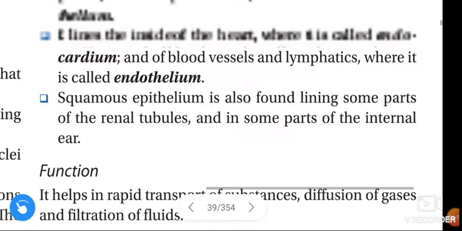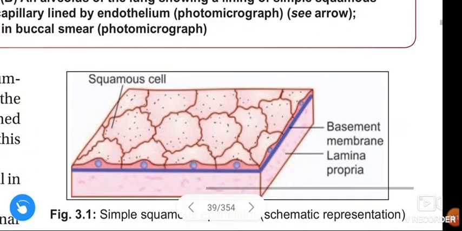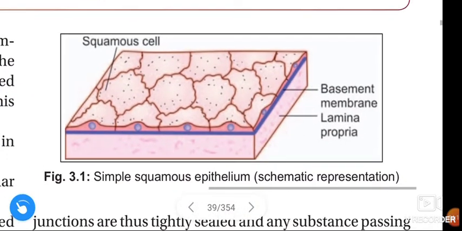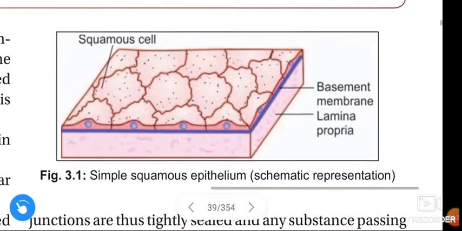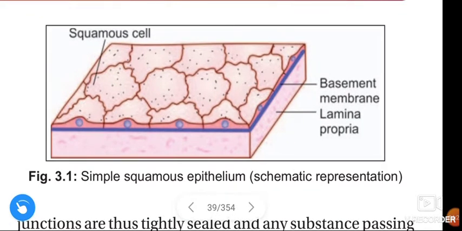Okay. Coming to the figure. This figure represents the simple squamous epithelium.